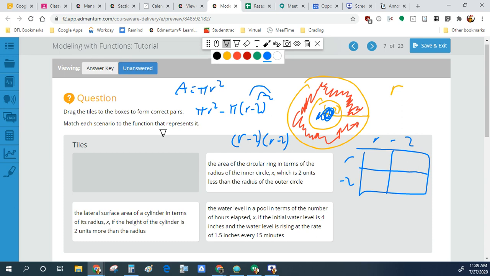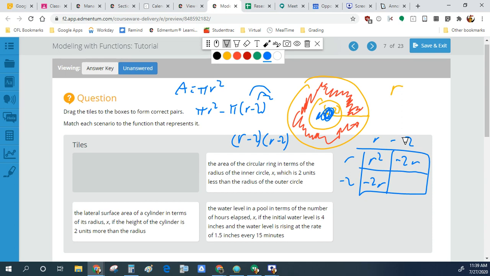If you know what these are, you can just be like r times r. Oh, I forget. You guys can't see me move the pen unless I'm writing. R times r is r squared. R times negative 2 is negative 2r. And r times negative 2 again, that's negative 2r.